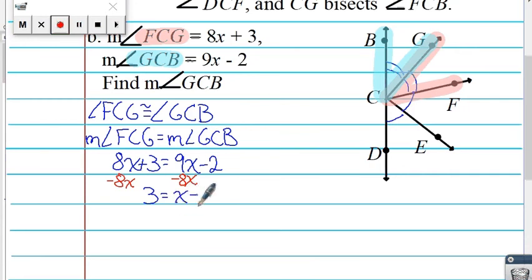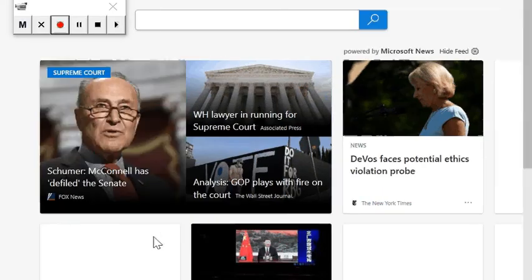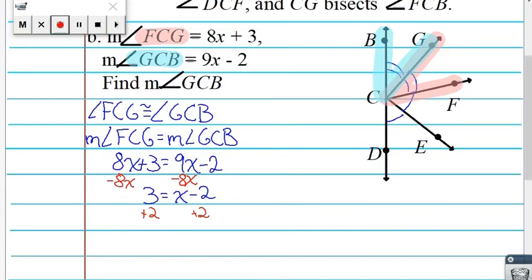Add 2 to both sides of the equation, and we'll get x equals 5, or 5 equals x.